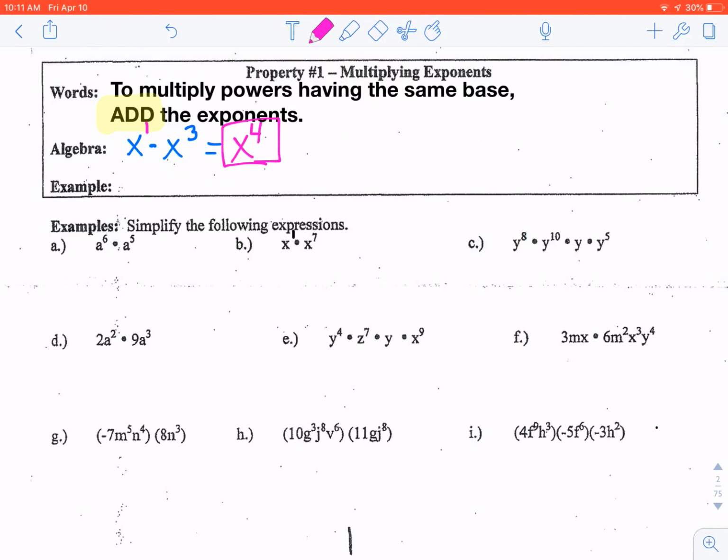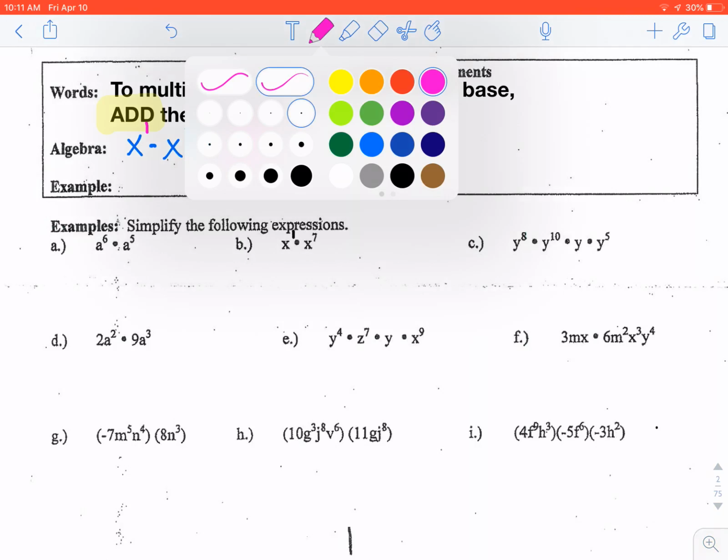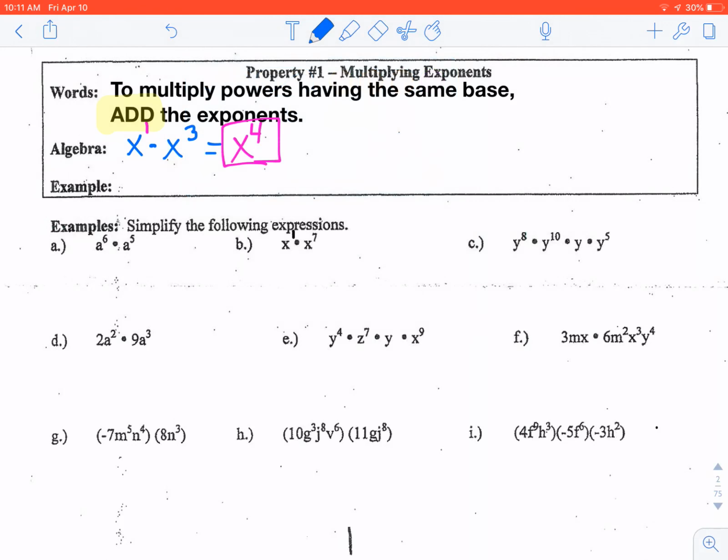An example using numbers, let's go with 2 times 2 to the 5th. Okay, you're multiplying same base because both terms have base of 2. Put a 1 above the 2 because we cannot see the exponents, we're going to write it in.